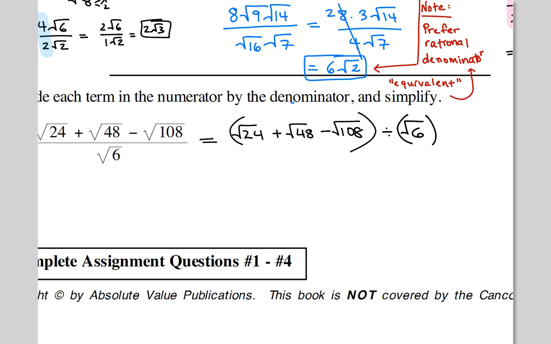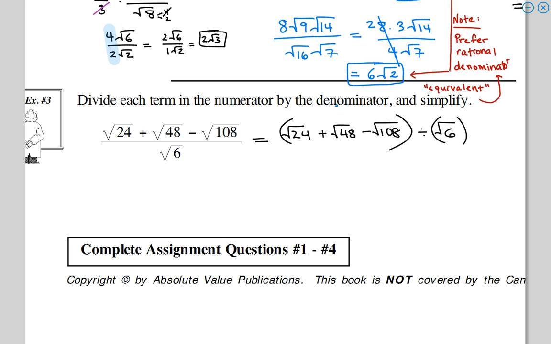And think about division as you would think about multiplication. If I was multiplying by this square root 6, what would you do? Would you FOIL it in, multiply onto each one? You would. But with division, you don't multiply, obviously, you divide. So each one of these has to be divided.